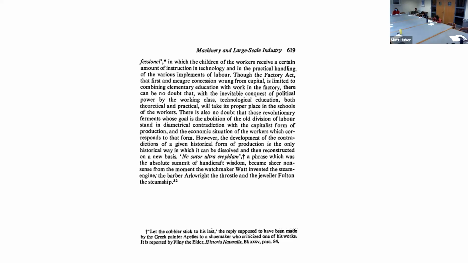So again, he's saying that only a new form of society is going to develop out of the contradictions of the current society. And that's classic Marx historical materialism there: liberation, emancipation will come out of this capitalist mode of production.